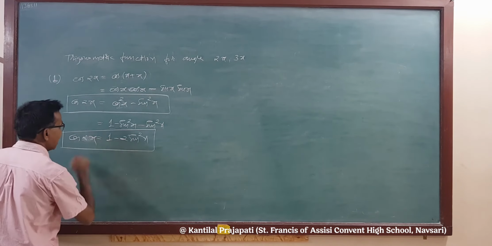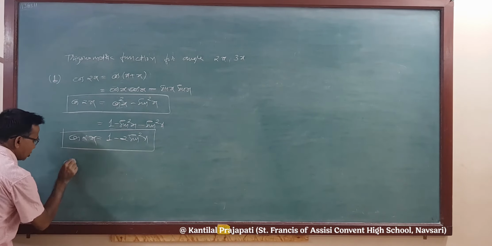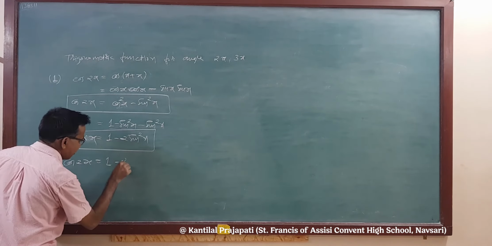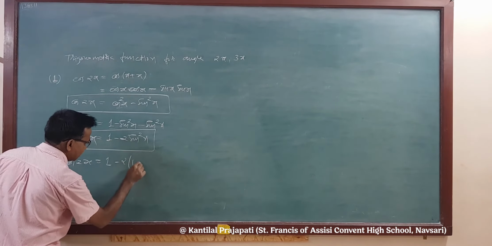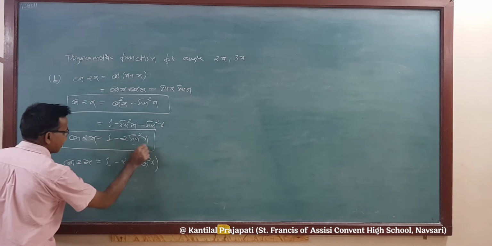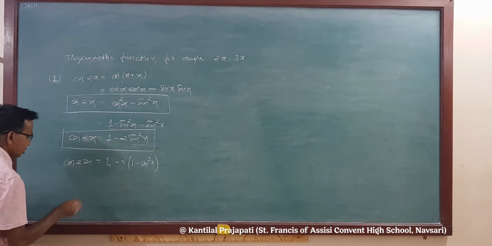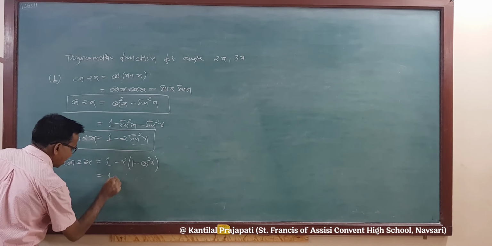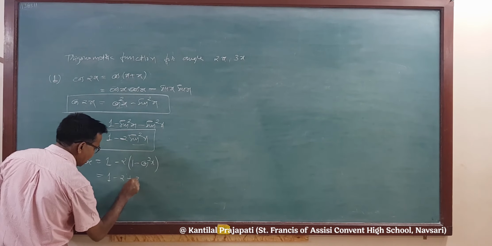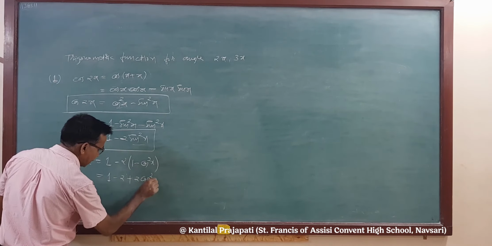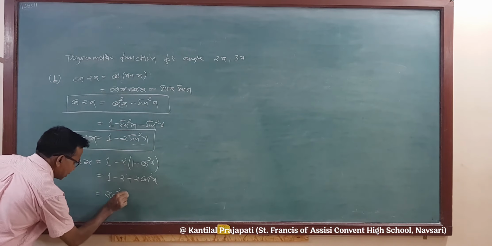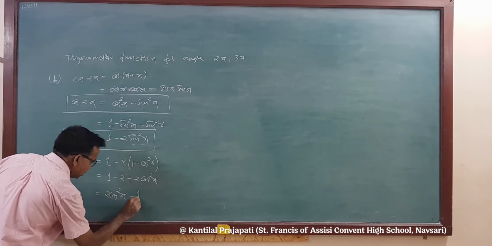Right? Now also we write cos 2x in terms of cos only. In the above formula, put sin square x is equal to 1 minus cos square x, identity. Simplify this: 1 minus 2, minus minus plus 2 cos square x, and therefore you get 2 cos square x, 1 minus 2 is minus 1.